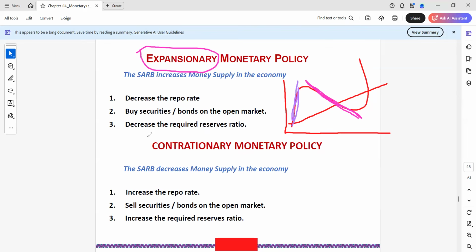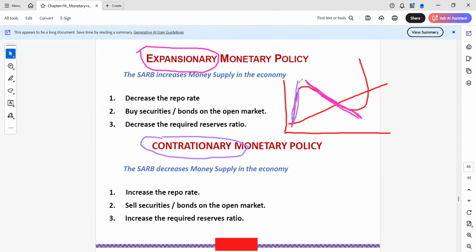Just like that. Here. Okay, so do you guys see what I'm trying to do here? When you look at your business cycle, you know that this part here is called the expansionary phase, where economic activities are increasing.